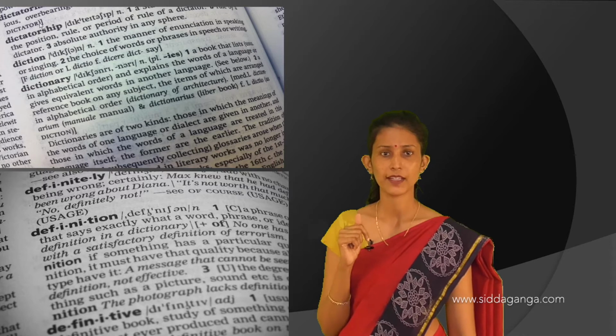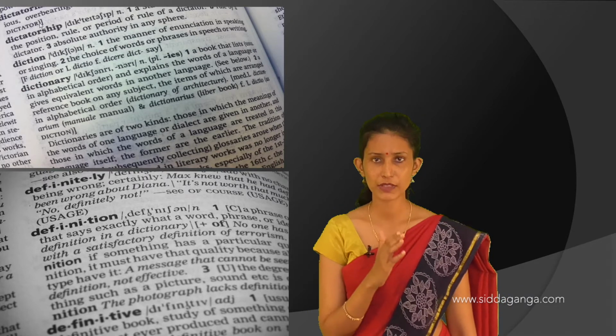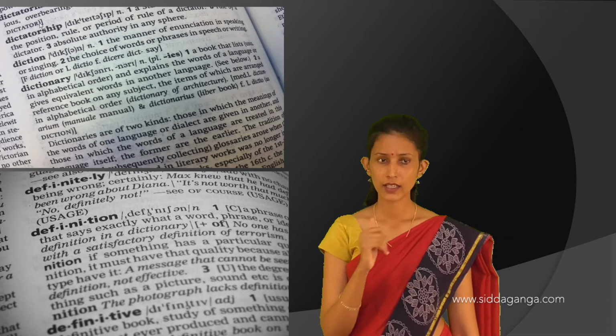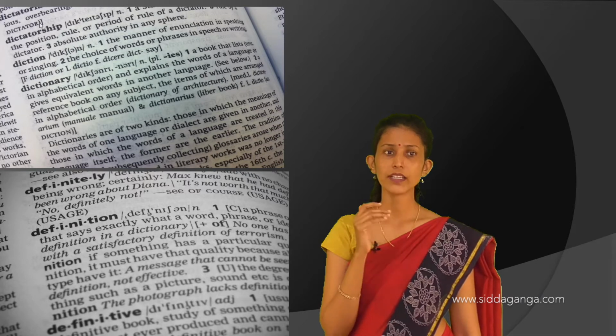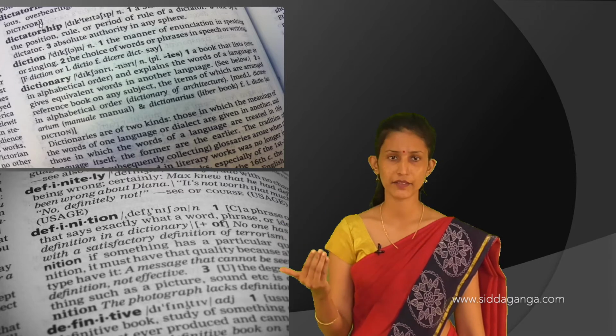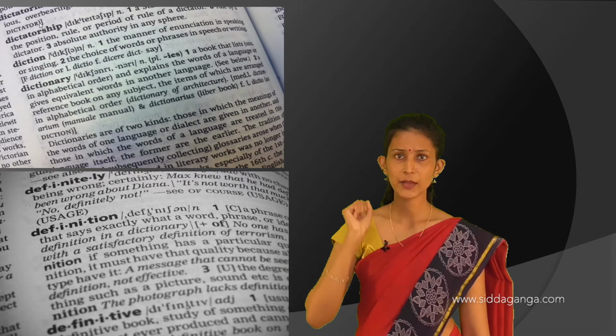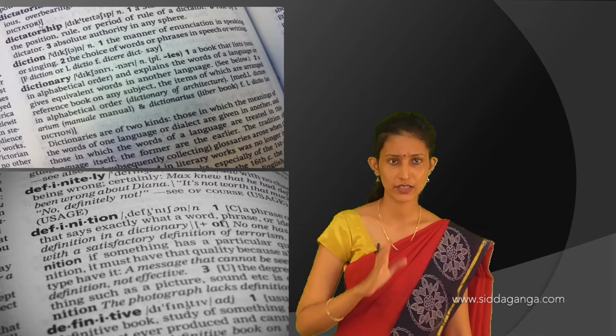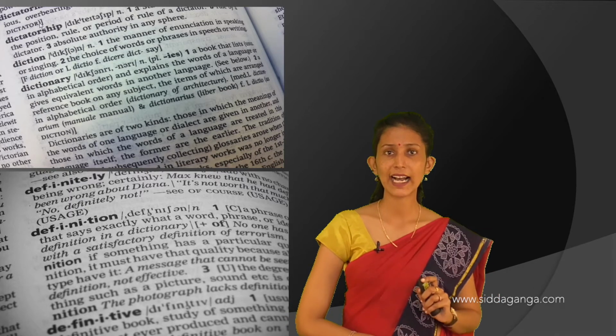See dictionary. A book that lists in alphabetical order and explains the words of a language or gives equivalent words in another language. Can you see the numbering there? First, what can you see? You can see the spelling. Second, this is a transcription. It's called a phonetic transcription. Then plural is IES.